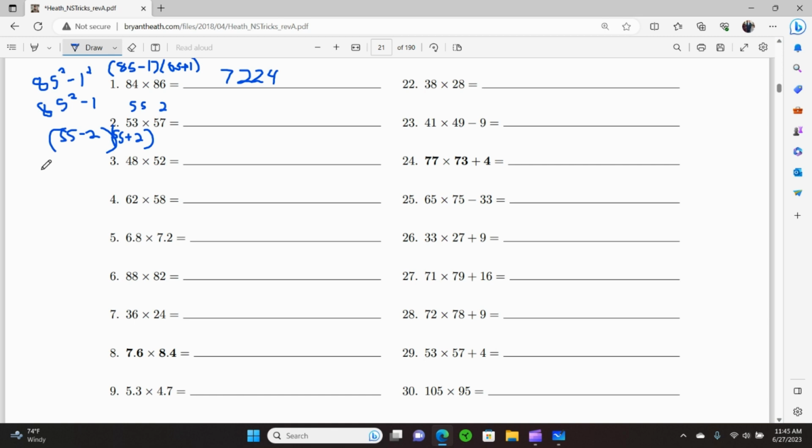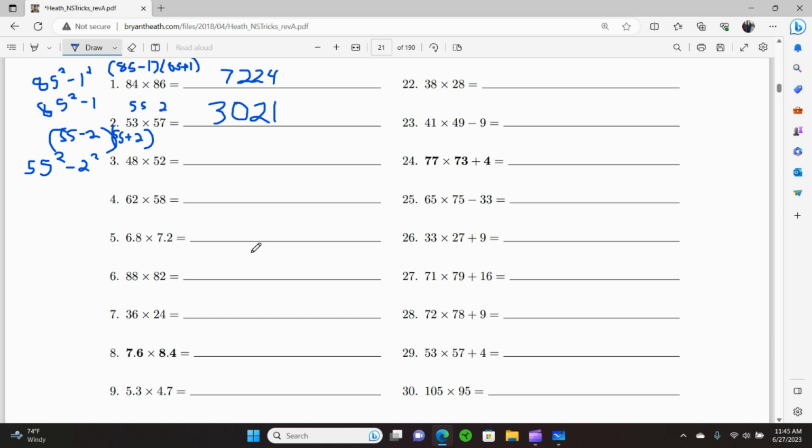If I want to get my answer, I have to do 55 squared minus 2 squared. And 2 squared is just 4. So all you're doing is the squares ending in 5 trick. 5 times 6 is 30. It ends in 25. Minus 4, though. 3021 is my answer.